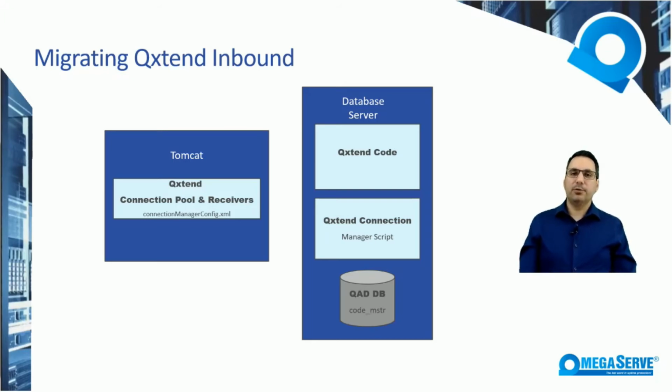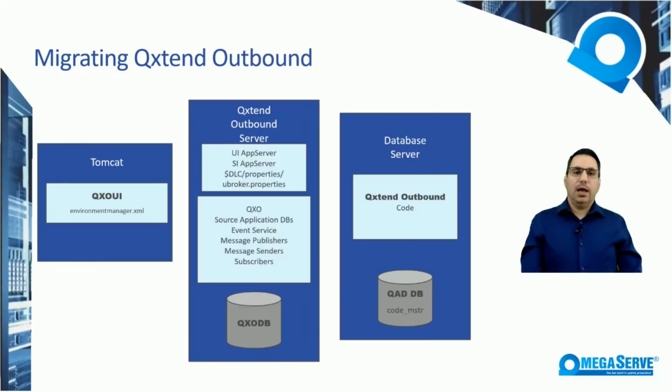And if you happen to be using generalized codes that point to a particular host name, that also will need to be changed. And with QExtend outbound, here's what you need to change. There's a file inside Tomcat, environment manager.xml, that contains some settings that you'll need to change if you happen to be changing your host name.